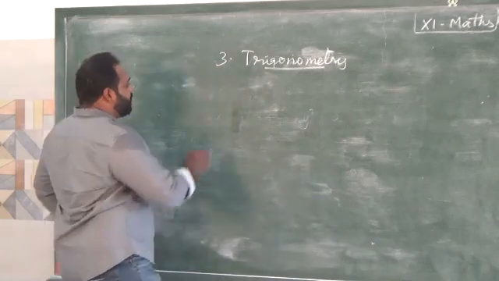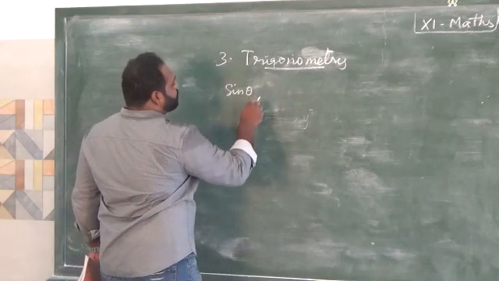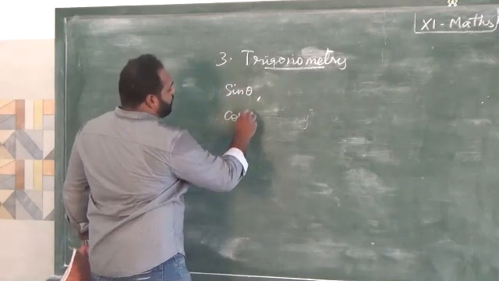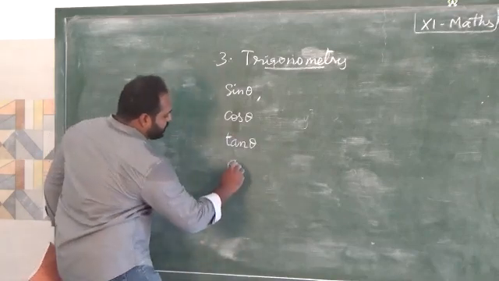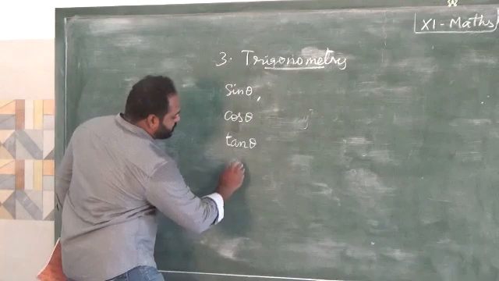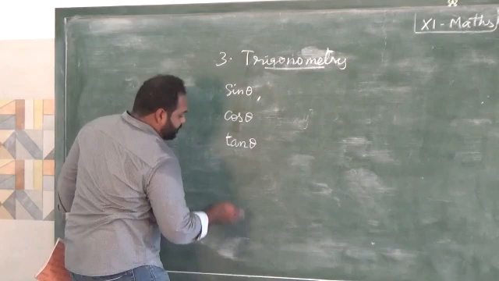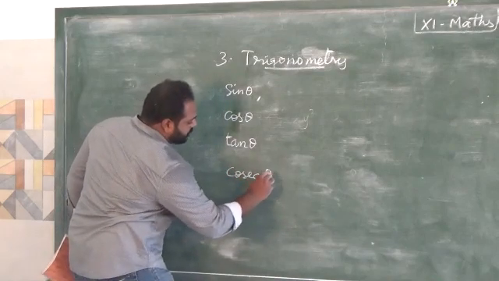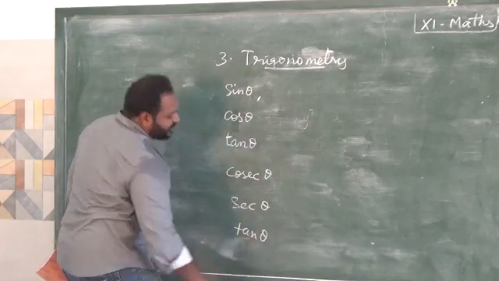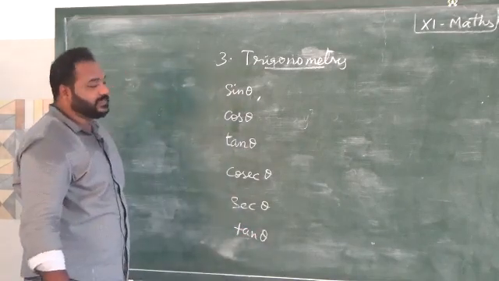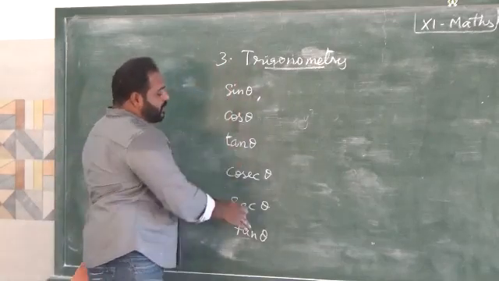First we know the 6 ratios in trigonometry: sin theta, cos theta, tan theta, and then cosecant theta, secant theta, and cot theta. These 6 ratios are very important to learn trigonometry, because the base is only this.